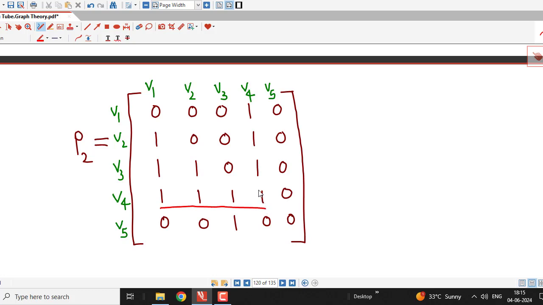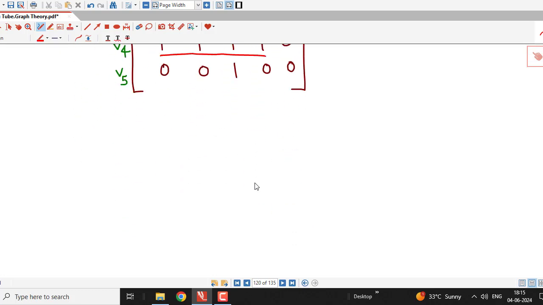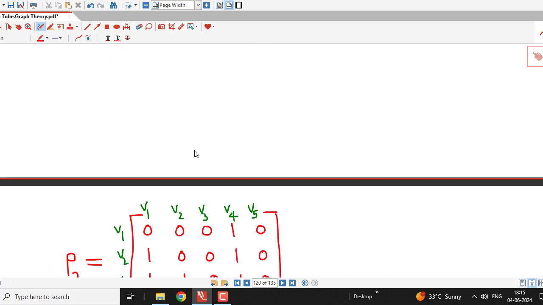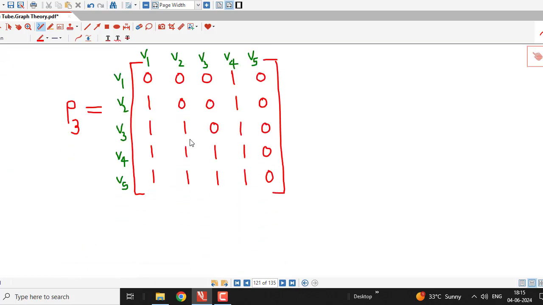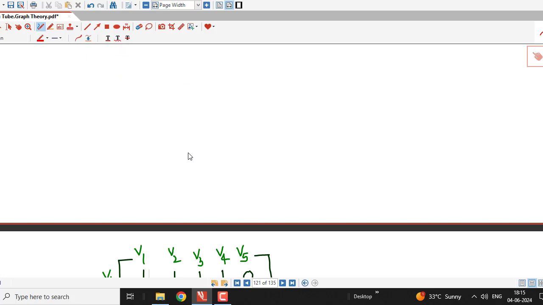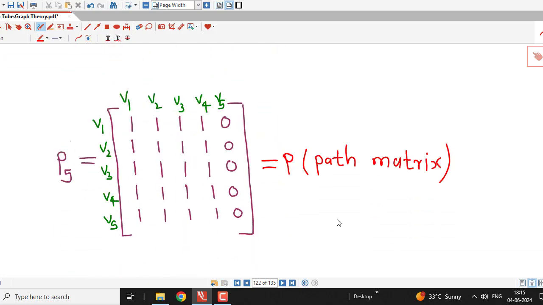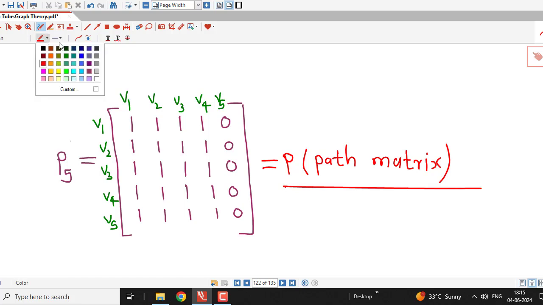So in this way you have to use preceding matrices to write upcoming matrices. Using this P2, I have written P3 here, and using P3 I have written P4, and using P4 I obtain this path matrix. So I am not explaining all the entries.